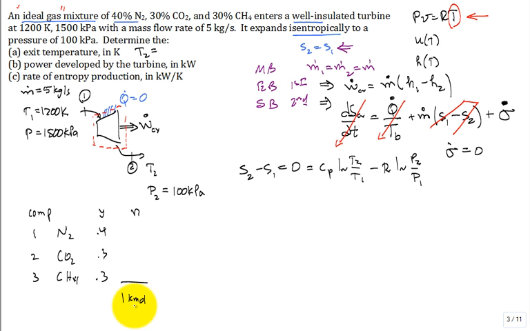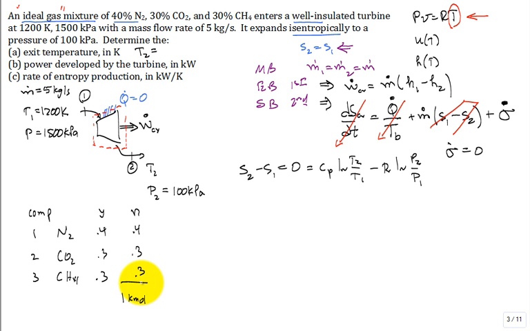If I had 1 kilomole total of this mixture, how many moles would I have of nitrogen? 0.4 kilomoles, 0.3 kilomoles of CO2, and 0.3 kilomoles of CH4. You see what I'm doing? I'm saying if I start with 1 kilomole of the mixture, I'll have 0.4, 0.3, and 0.3 kilomoles of each of those entities.